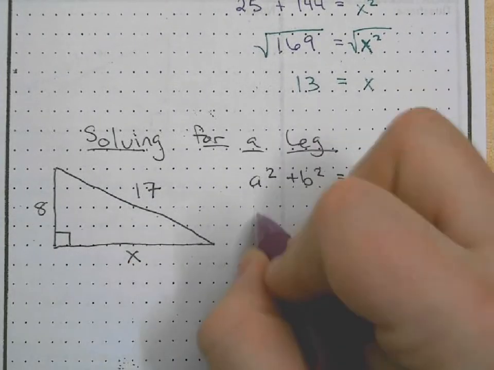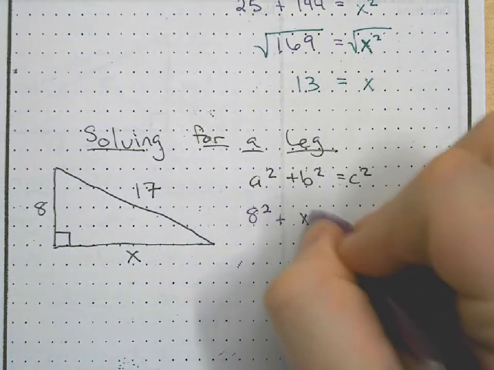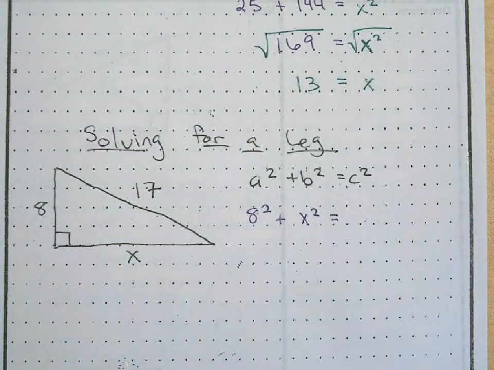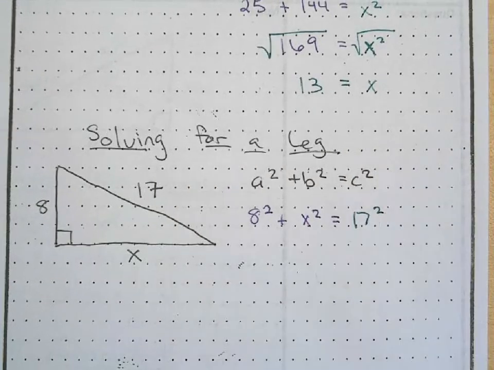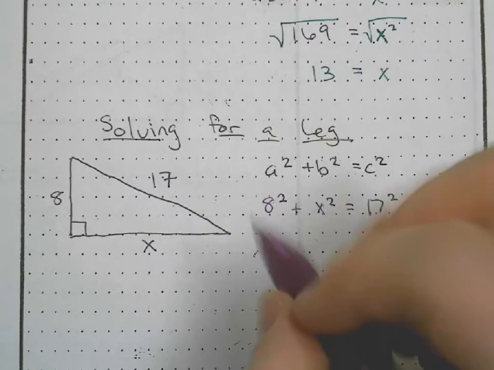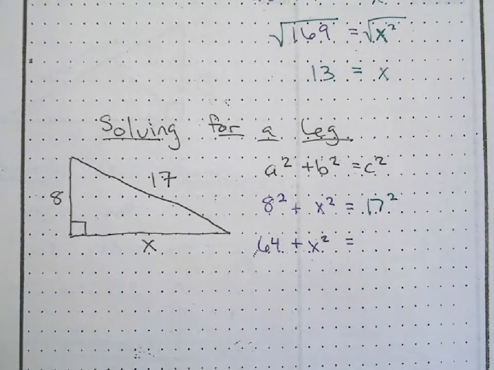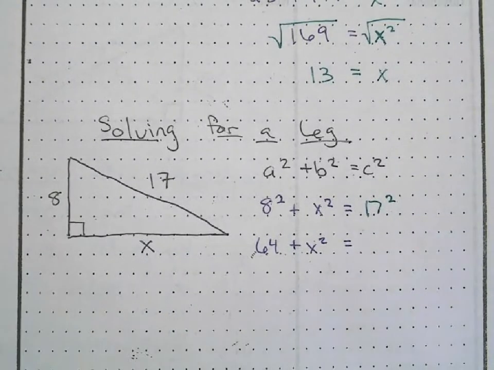So I'm going to say 8 squared plus x squared is equal to 17 squared. So we'll be simplifying. And 8 squared is 64 plus x squared equals, and then we'll do 17 squared, and we get 289.